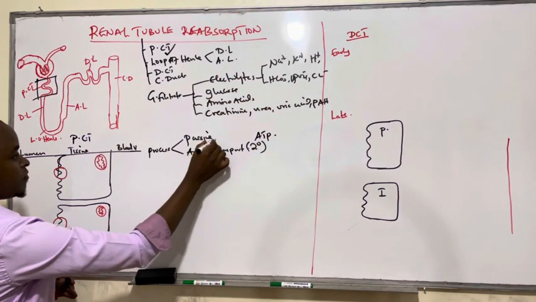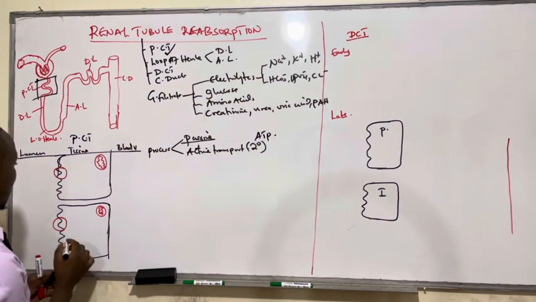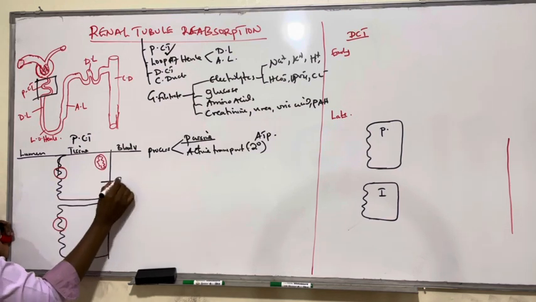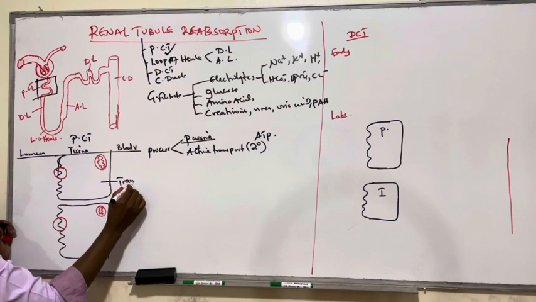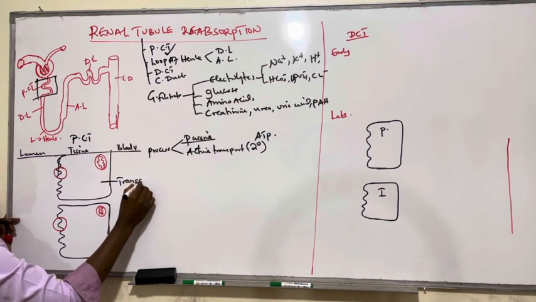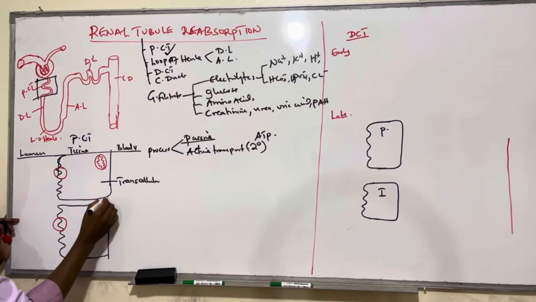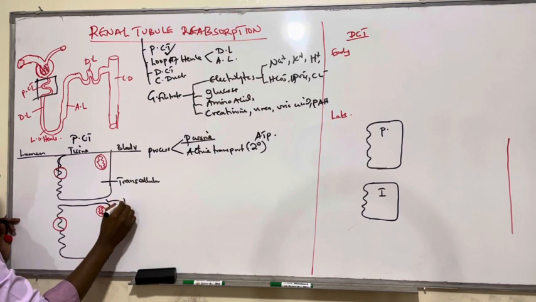Then the passive ones can pass via either those that cross the cells, a route we call the transcellular route, and those that pass through the tight junction, which we call the paracellular route.